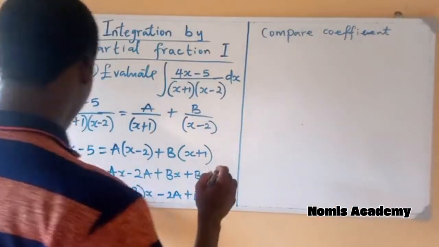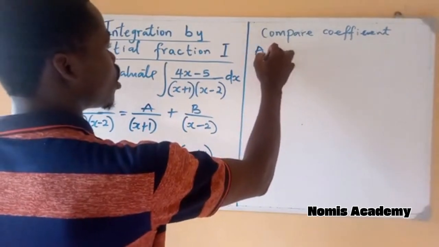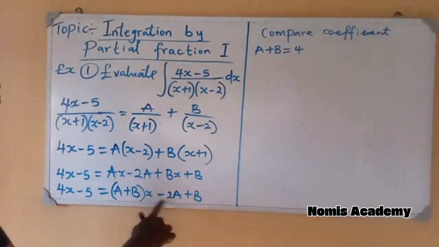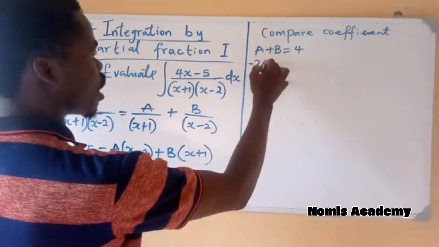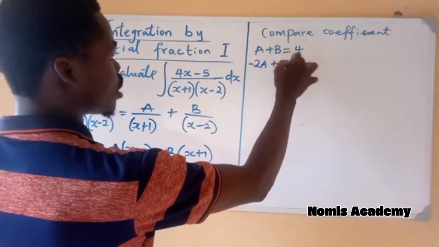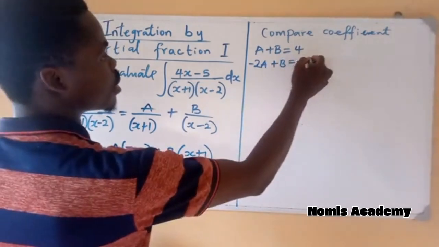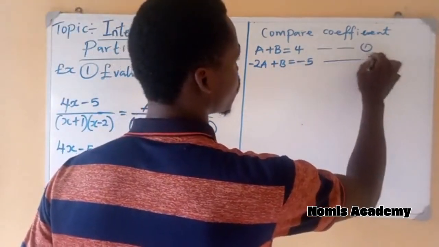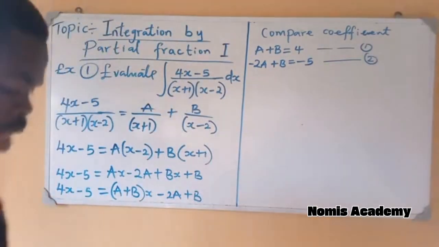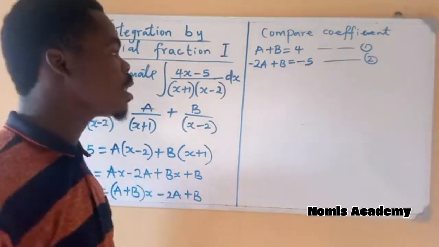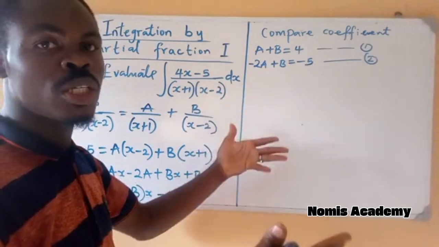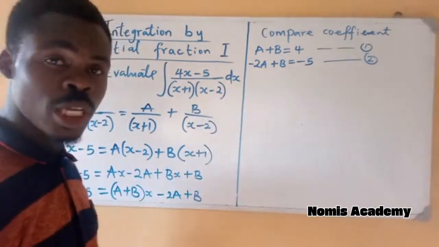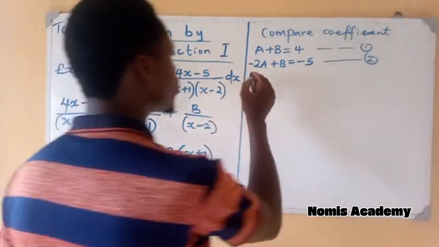So we have A + B equal to 4, and then we also have -2A + B equal to -5. We pick this as equation 1 and this as equation 2. Now, I hope you are familiar with the elimination method in solving simultaneous equations. All right, let's use the method.